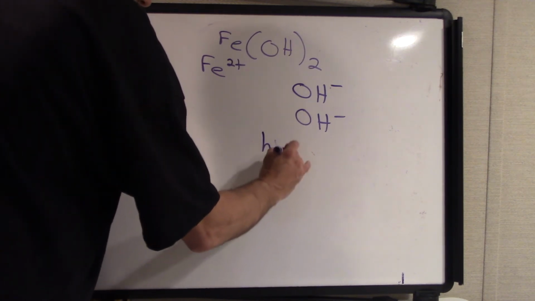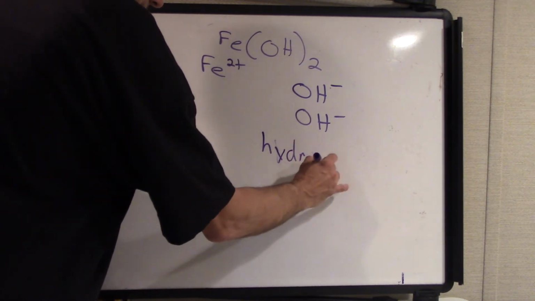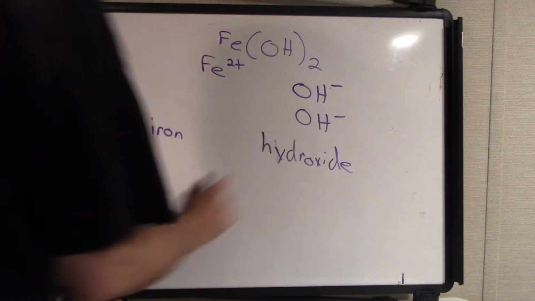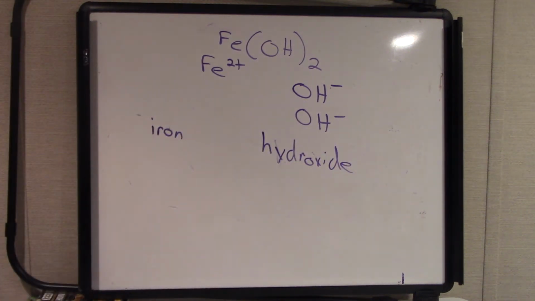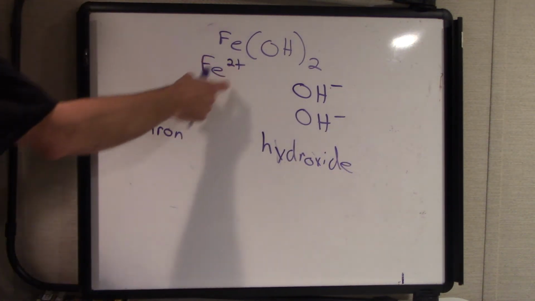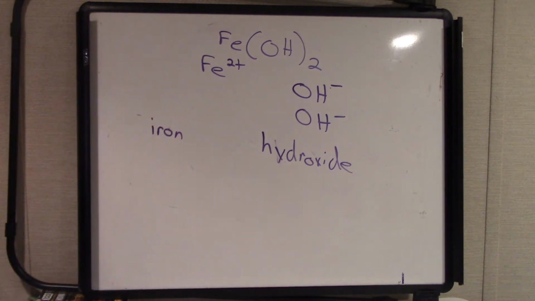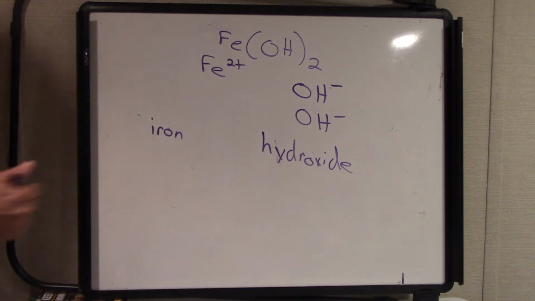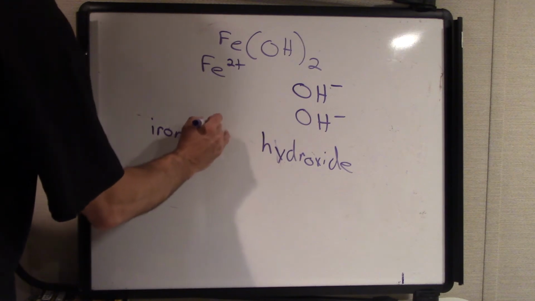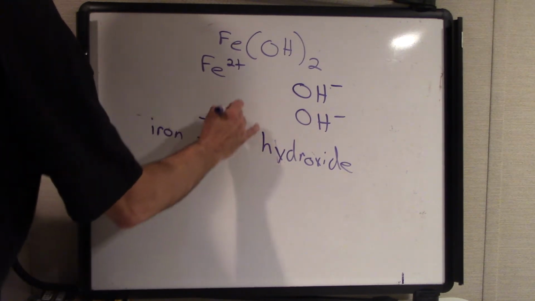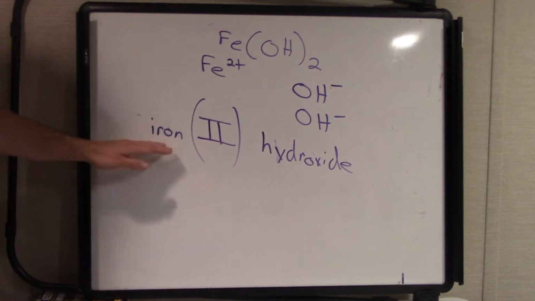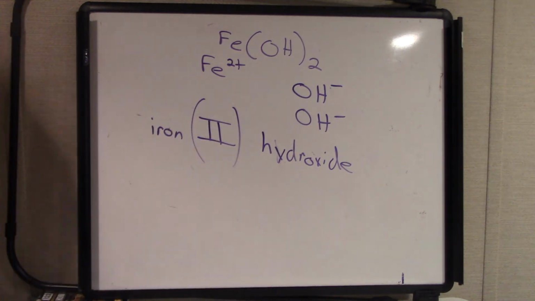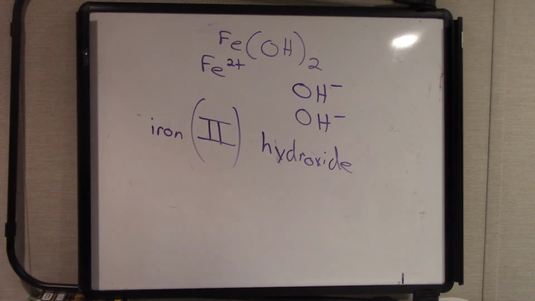From memorizing the polyatomic ions, you'll get that this is hydroxide ion. I need to use a Roman numeral to indicate the charge that this transition metal ion has. Iron has a charge of +2, so I need to use the Roman numeral 2. This will become iron(II) hydroxide for that name.